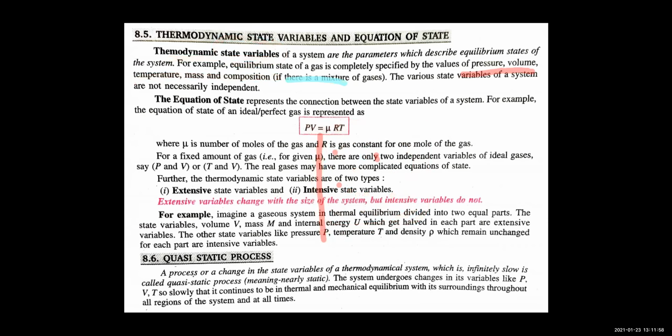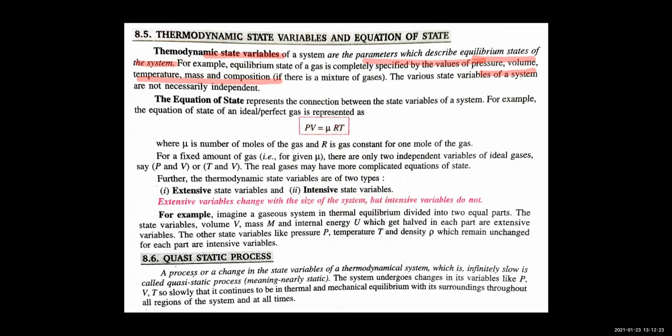So thermodynamic state variables are the parameters which help us to describe the equilibrium state of a system. They are pressure, volume, temperature, mass and composition of the gas, right? Now children, these state variables are not independent. They are connected with each other.